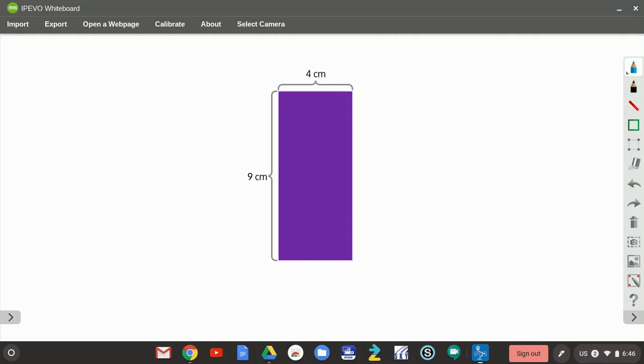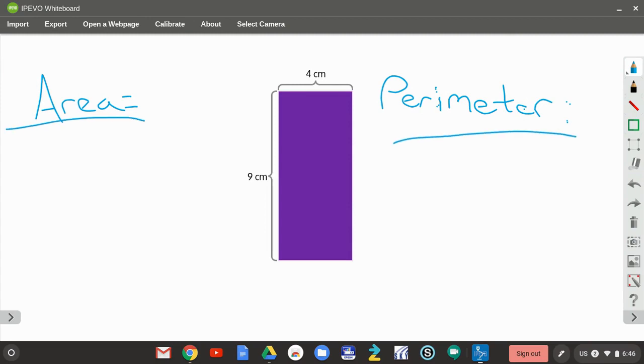So let's have area, and we'll have perimeter. Sorry, it's hard to make straight lines on this. Now, let's start with perimeter. I always think of perimeter in terms of plus. I know I'm going to have to add because perimeter is the length along all of the outside.